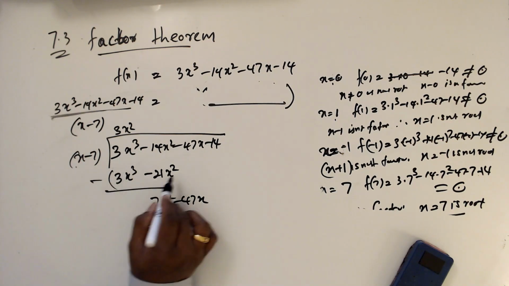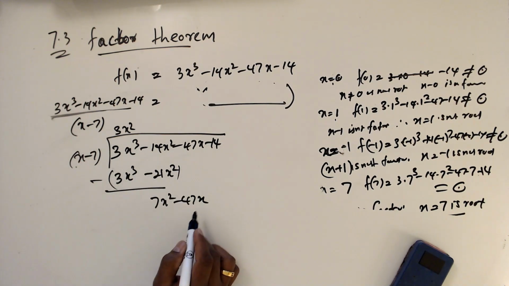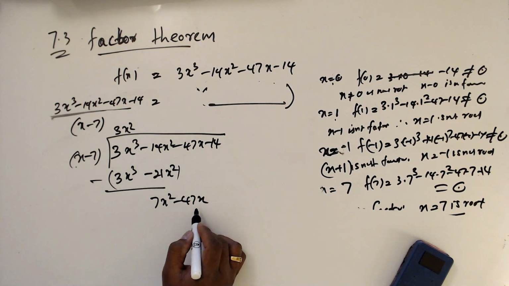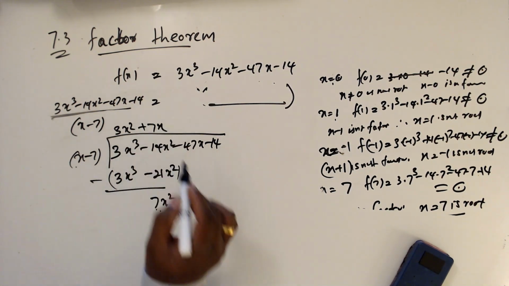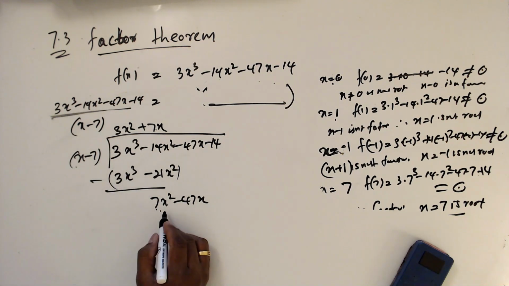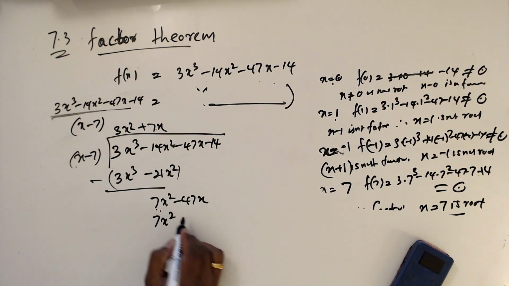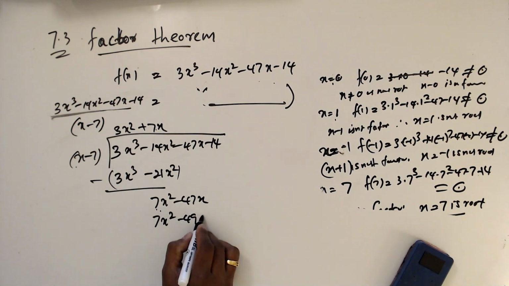Minus minus becomes plus. Then I'll bring this one down. This is going to be plus 7x. Then 7x times this is going to be 7x squared, 49x.